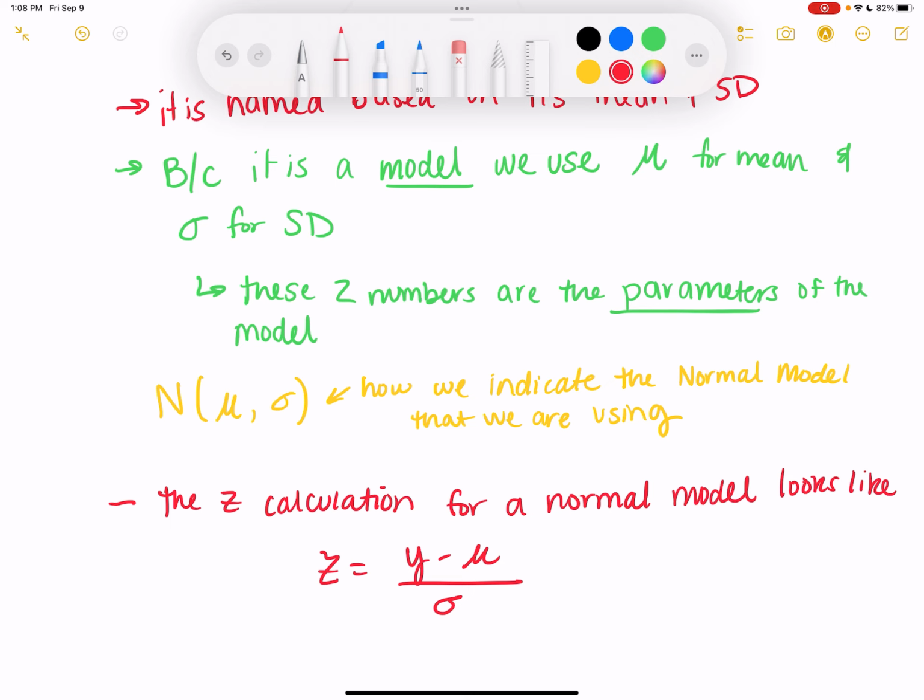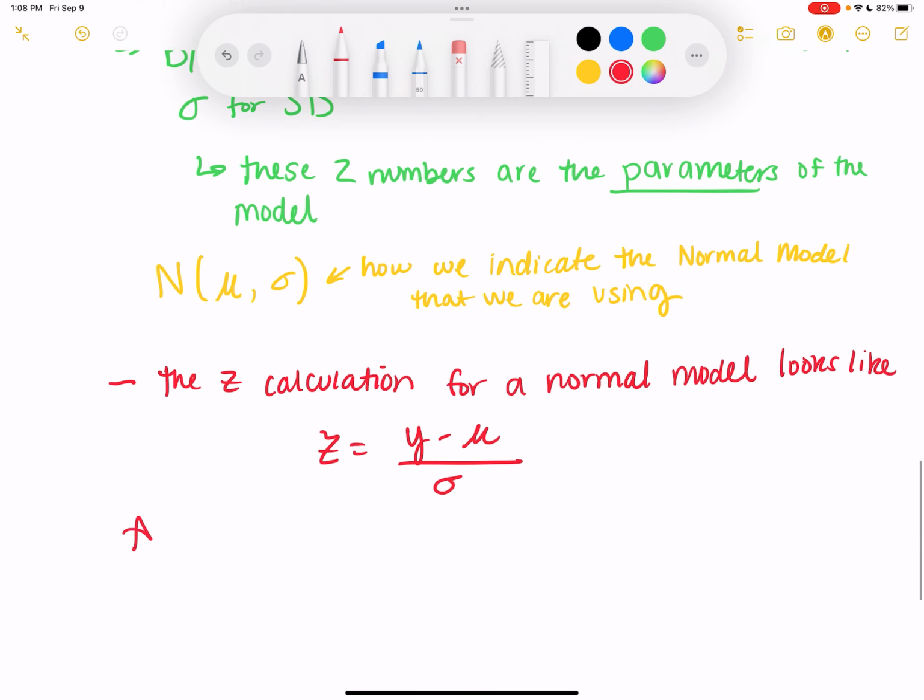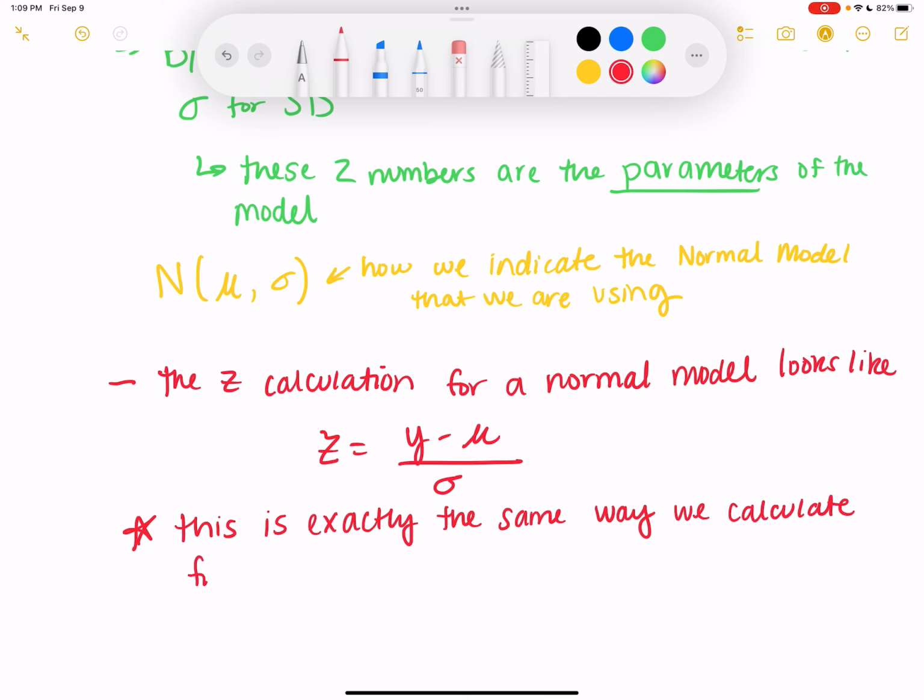Your calculator can also give you both of those values. And this is exactly the same way we calculate it for any distribution. So anytime we're dealing with that stuff, that's how we calculate it.